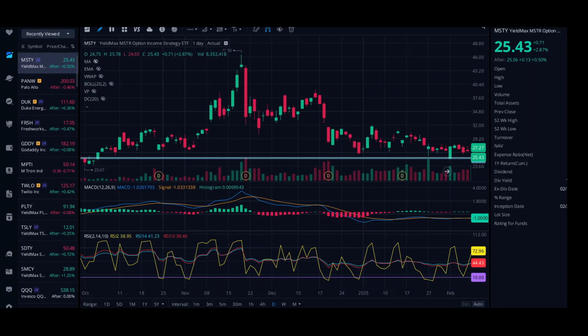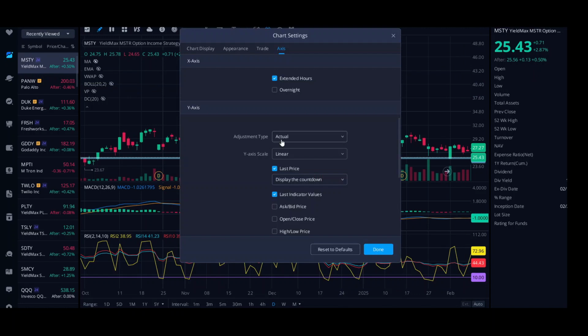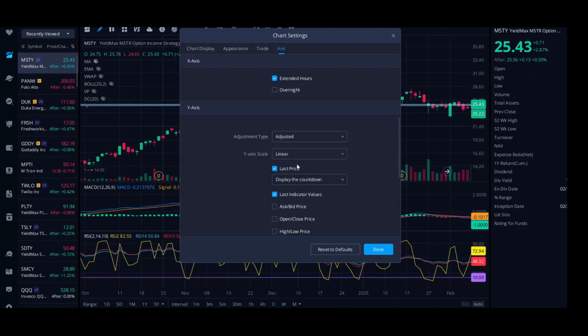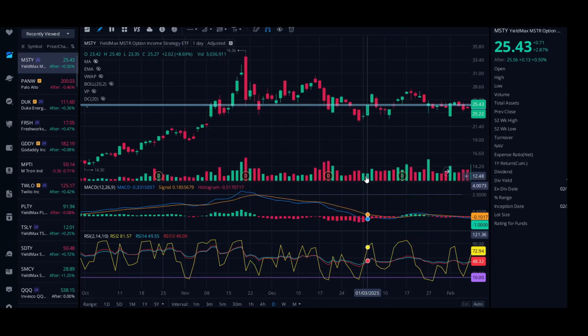But if you're looking to trade the stock, you're looking for long term of the stock, you want to know how it's moving over time, then you want to look at an adjusted, because I believe the adjusted is going to give you a better idea of what that stock itself is actually doing and removing that cloudiness of how the dividend is affecting that price.